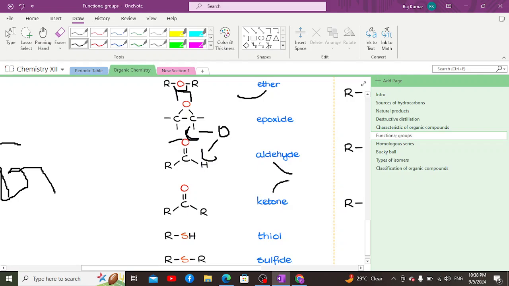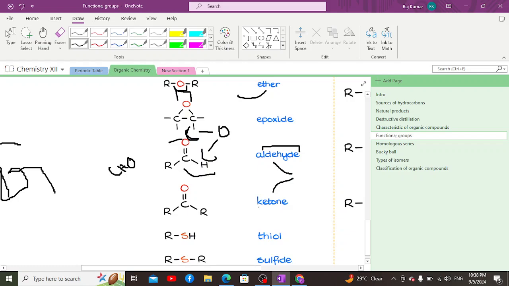On the other side, we have the aldehyde group. Aldehydes and ketones are basically known as carbonyl compounds, such that aldehyde is also a carbonyl and ketone is also a carbonyl. The aldehyde group is known as the formyl group, represented by CHO. The compound is named aldehyde, or we also call this alkanal. And ketone is also known as alkanone.